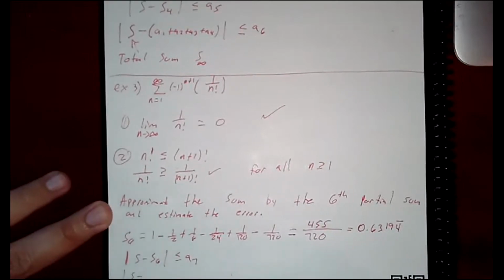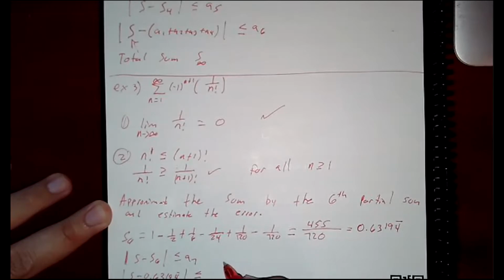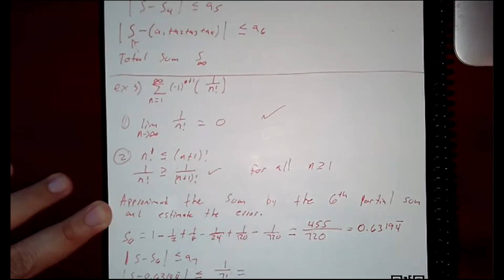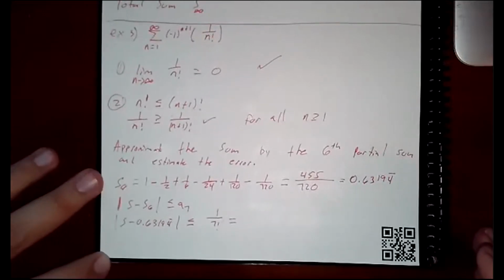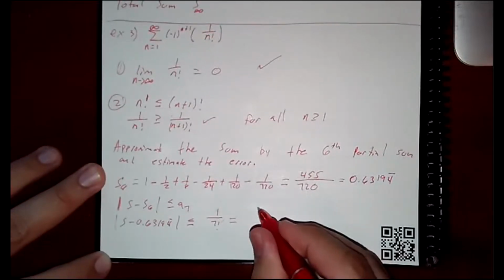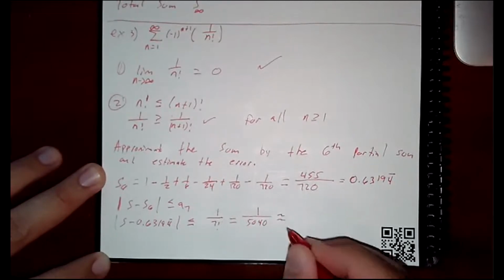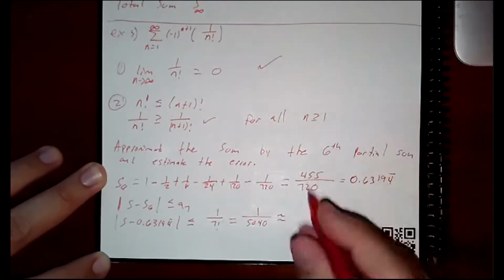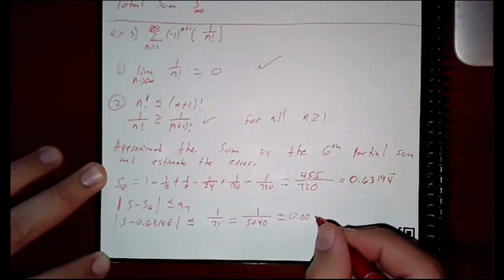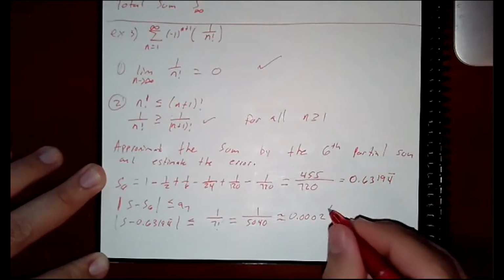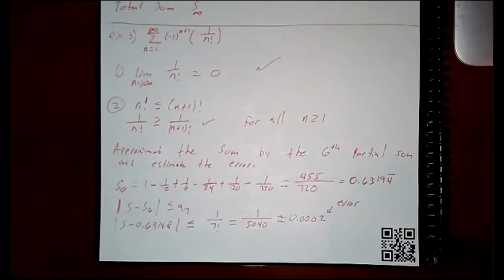That would be S minus 0.63194, which is less than or equal to 1 over 7 factorial, which is 1 over 5040, which is about that. So this right here is the error that they're asking for.